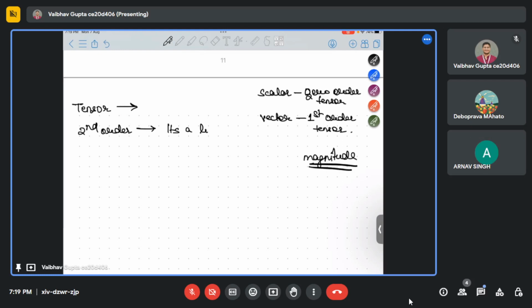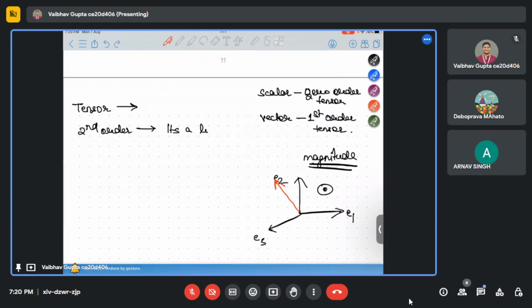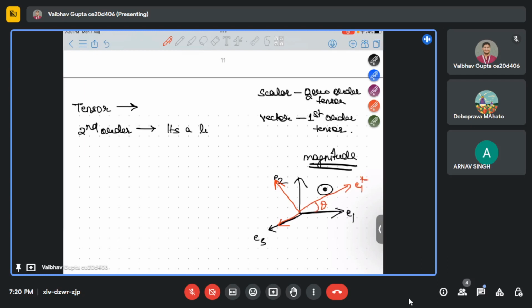Why not another thing? Because if I map a scalar quantity in one Cartesian coordinate system, E1, E2, E3, I say this is a scalar quantity. Suppose hypothetically, and another person comes and says he will map it in a different Cartesian coordinate system, E1 star, E2 star, and E3 star.